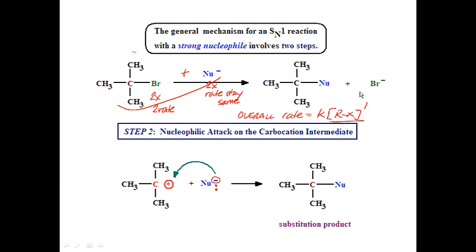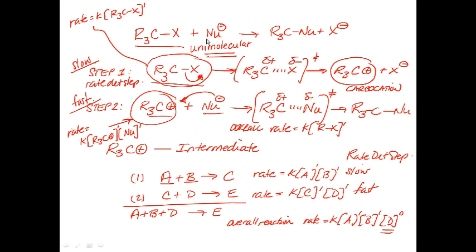That's where the SN1 now comes into play. This is now unimolecular nucleophilic substitution. So whereas SN2 is bimolecular, SN1 is unimolecular because of the rate determining step only having one molecule within it. Okay.